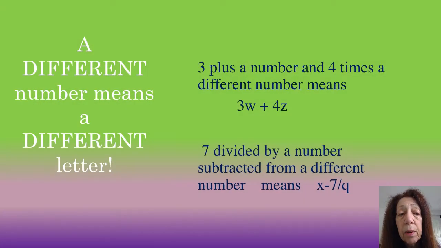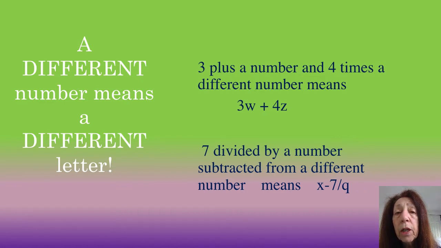The next step in this idea is that a different number means a different letter. So 3 plus a number and 4 times a different number looks like this: 3W plus 4Z. I know it doesn't really mean anything, but this is the way we represent it.